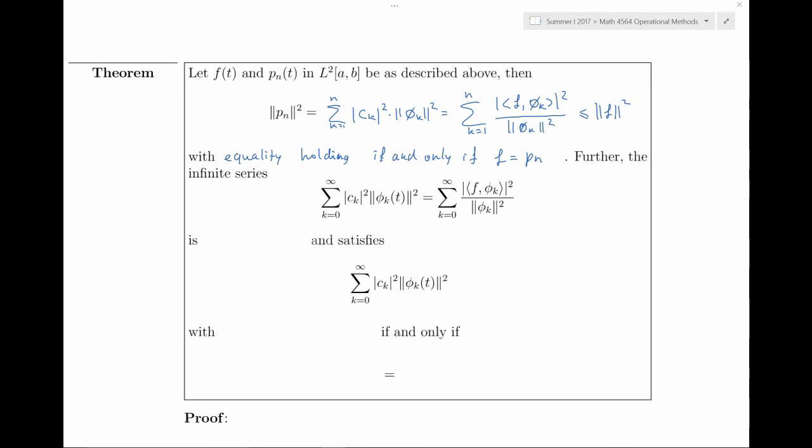And this result of this summation always being bounded above by the square of the norm of f means that this summation will always converge even if we let it run to infinity. So these infinite sums are always going to be convergent. In fact, they're absolutely convergent, and they satisfy the so-called Bessel inequality.